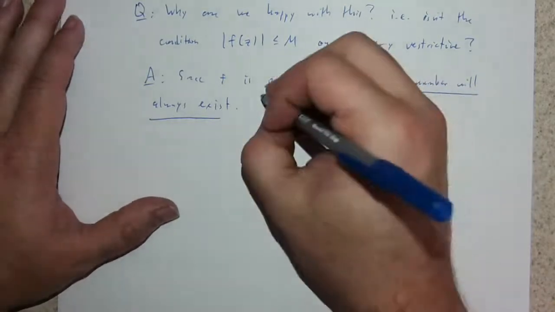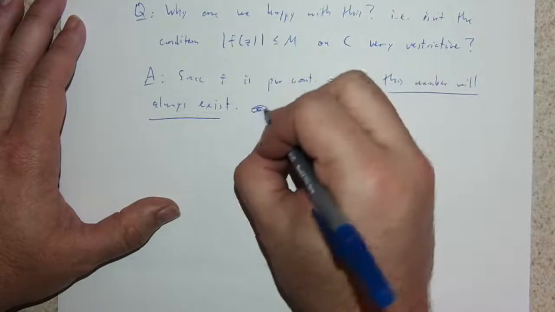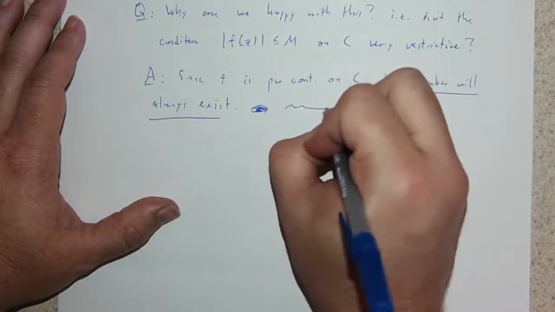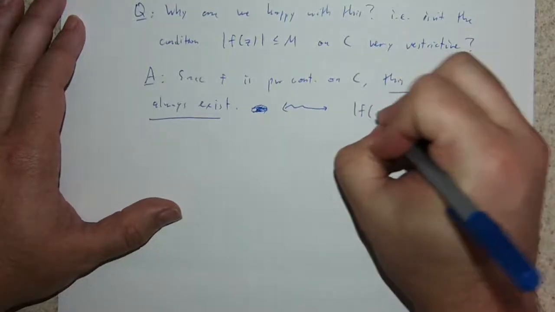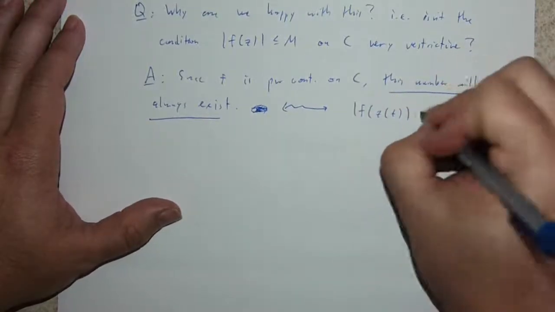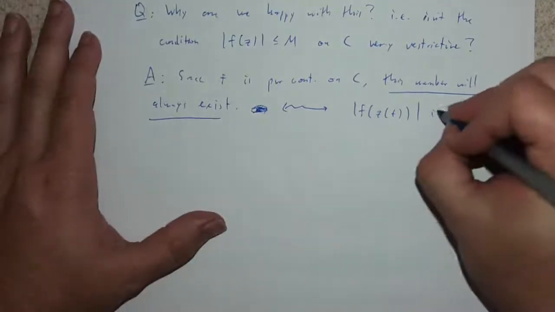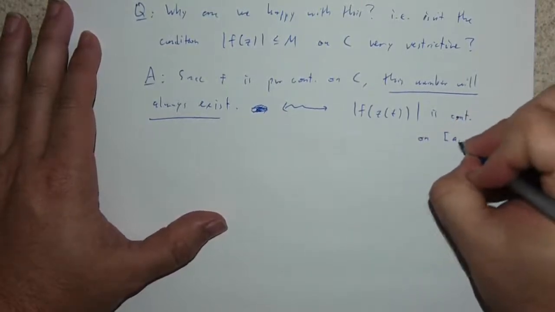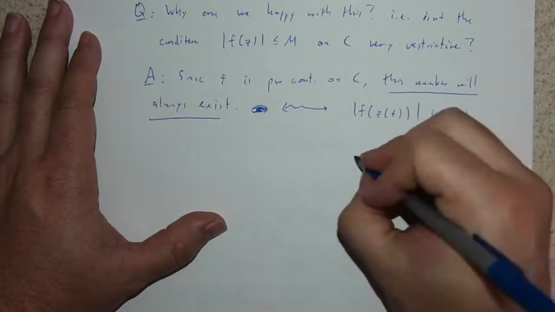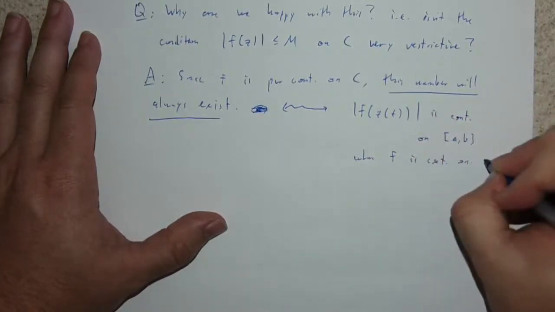Because this has to do with the fact that this function, the modulus of f of z of t, is continuous on the real interval a to b when f is continuous on C.